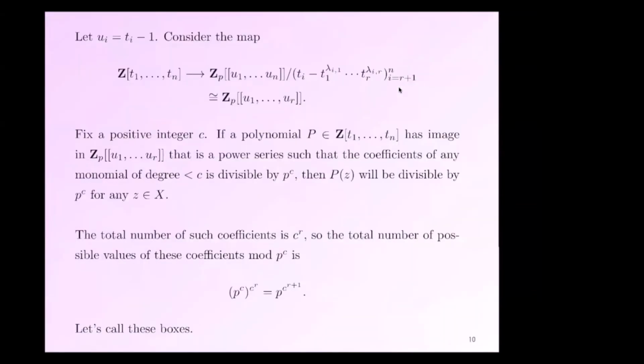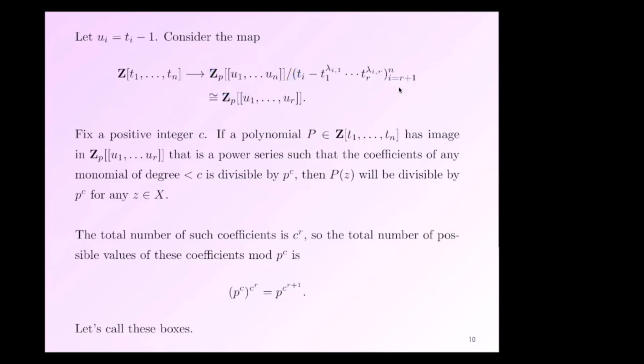Okay, so now this thing that's divisible by p, we're going to consider that as a variable, and call that ui, so a change of variables. And then we consider the map that takes a polynomial in t1 through tn. So first you replace ti by 1 plus ui, and then you send it to a power series. First of all, it's just a polynomial in u1 through un.